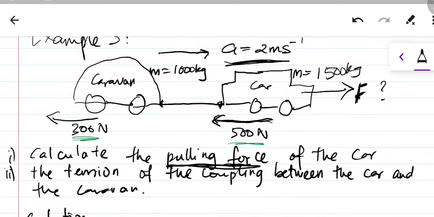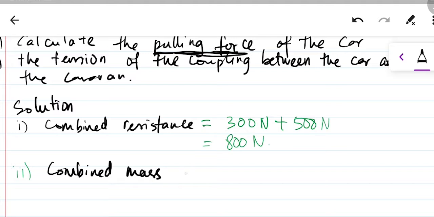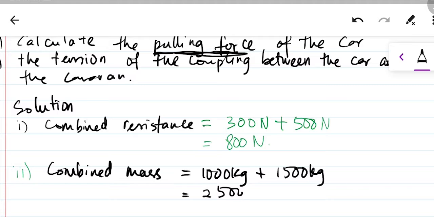So the combined mass equals 1000 kg plus 1500 kg, which gives 2500 kg.